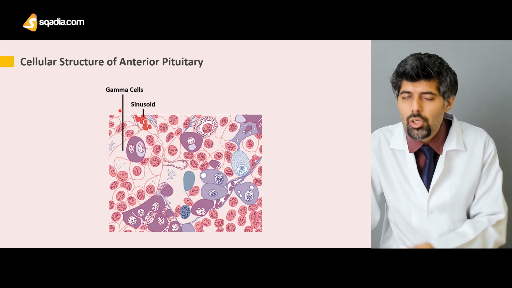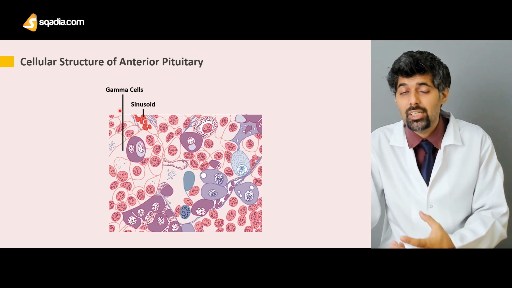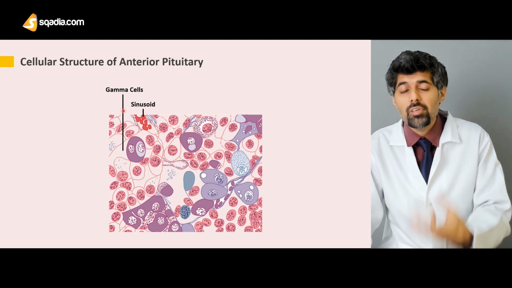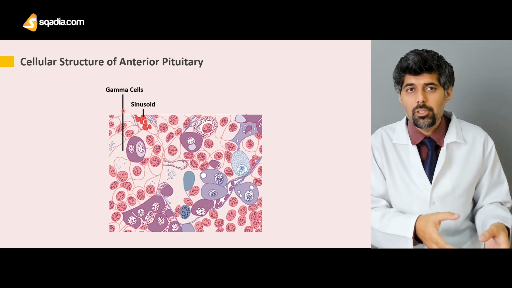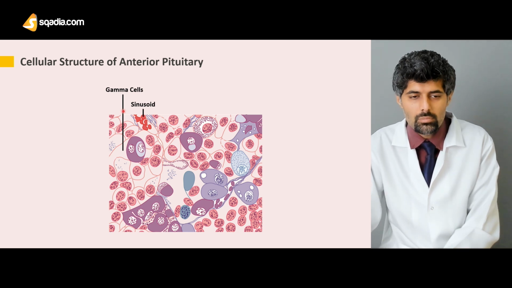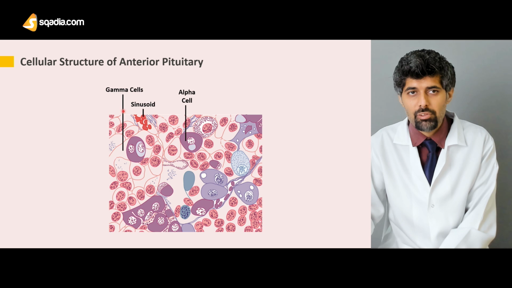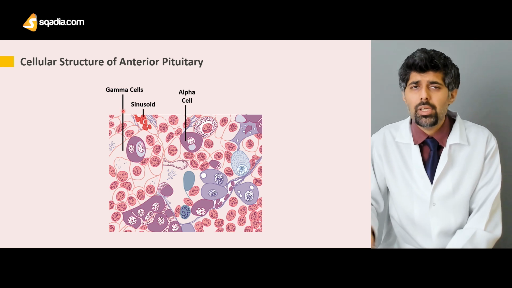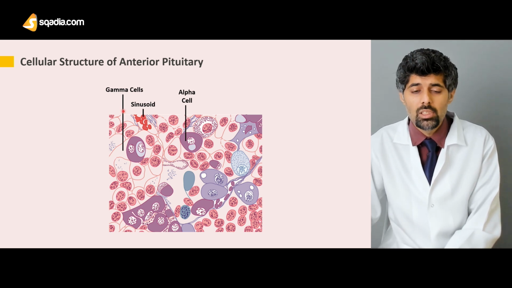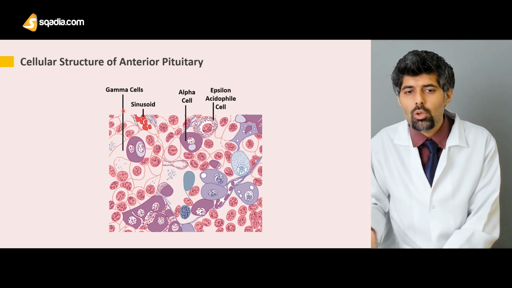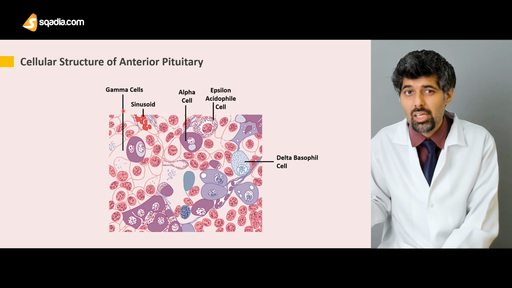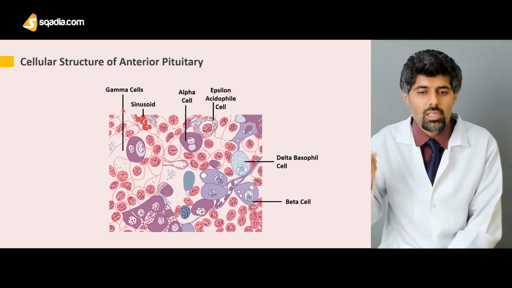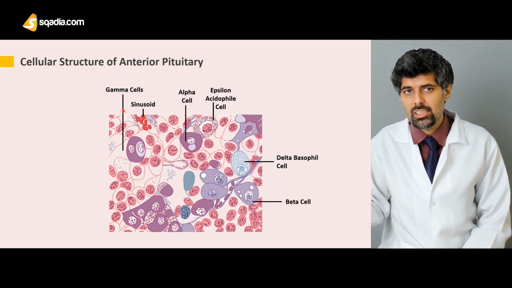Now these sinusoids are basically holes or fenestrations in the vascular system or the vascular bed of the anterior pituitary. Then we have the alpha cells being the somatotropes. Then we have the epsilon acidophile cells, we have the beta basophile cells, we have the simple beta cells.